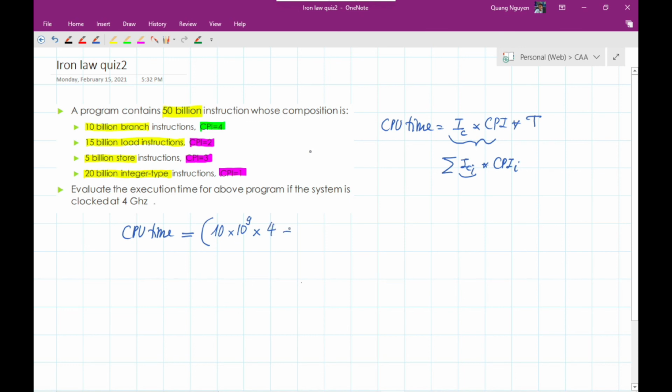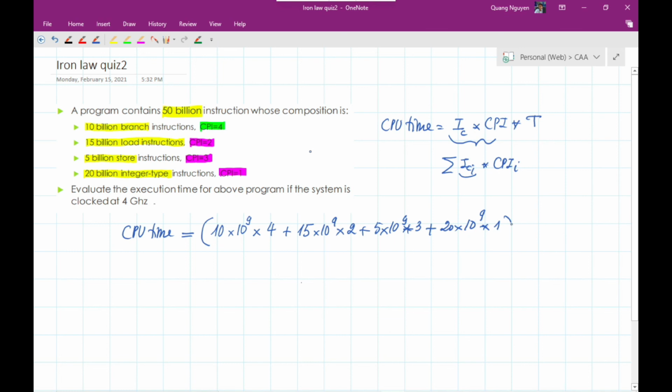Plus 15 billion load instructions, so 15 billion times 2, which is the CPI of these instructions. Then 5 billion times 3, plus 20 billion times the CPI of 1, right?